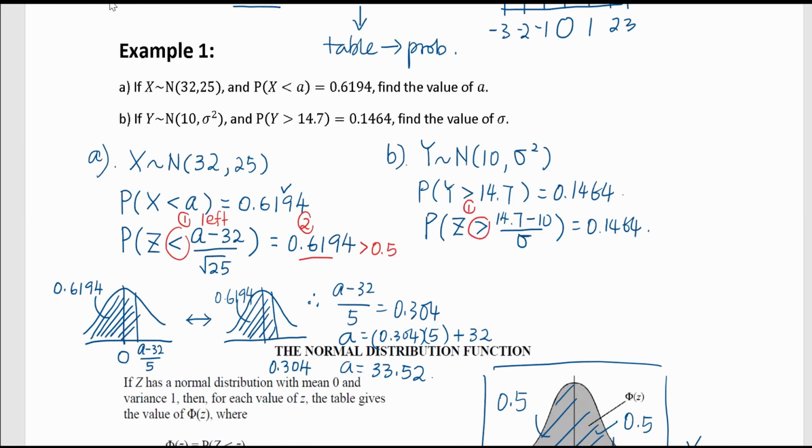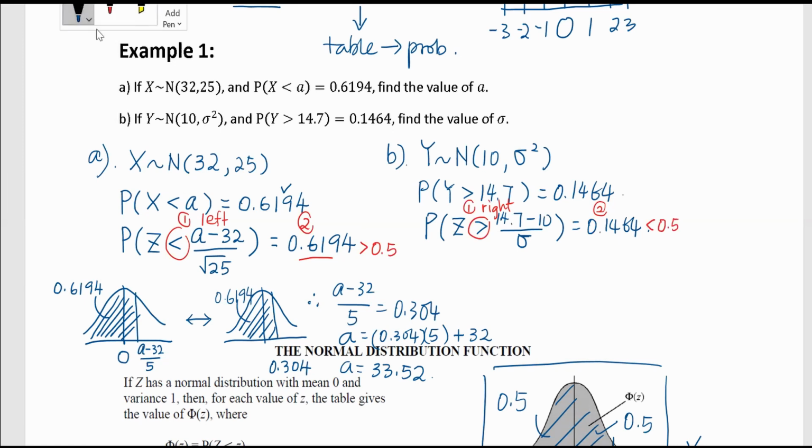First is the direction. Since it is greater than, we are looking at the area towards the right. Second, we look at the probability to see whether it is greater than 0.5 or less than 0.5. And in this case, less than 0.5.